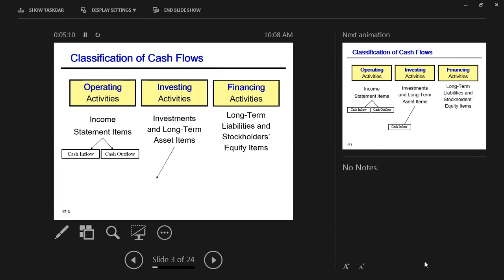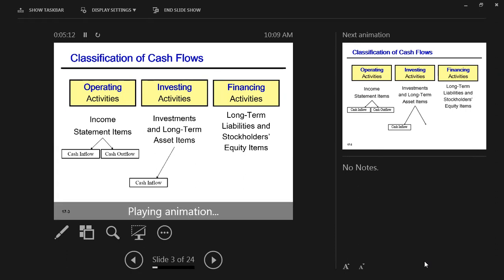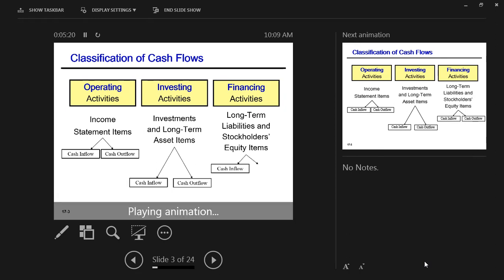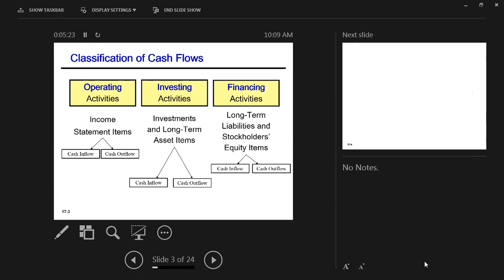Investing activities have cash inflow and cash outflow, and financing activities have cash inflows and cash outflows. It is very, very important to know that you cannot transfer one activity to another.